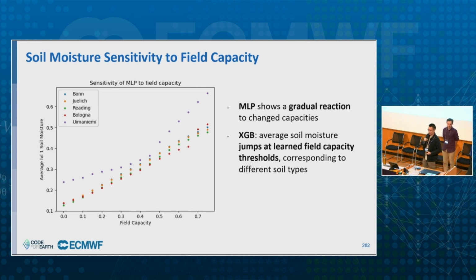Here the MLP model shows a gradual reaction to the changed field capacities. However, we didn't show the figure here, but the same figure for the XGBoost model shows that average soil moisture jumps at the learned field capacity threshold, corresponding to the different soil types. This is related to the fact that a tree-based model tends to learn a discrete relationship rather than a gradual change.